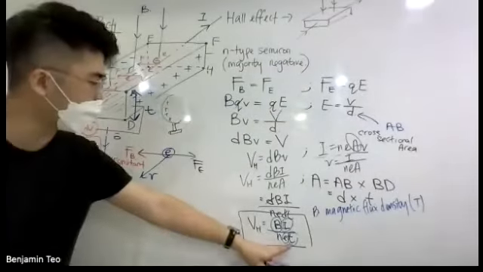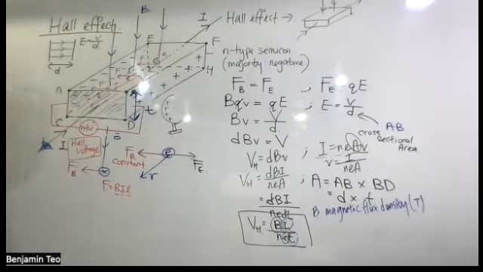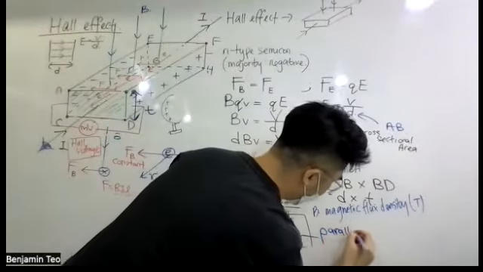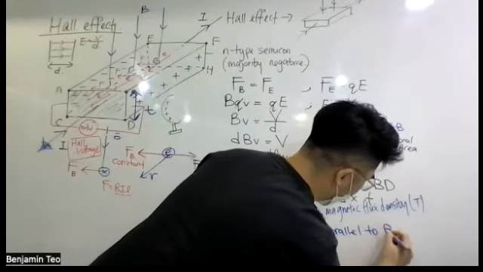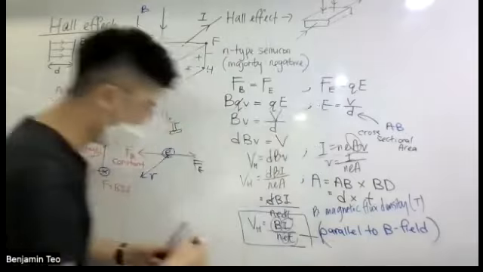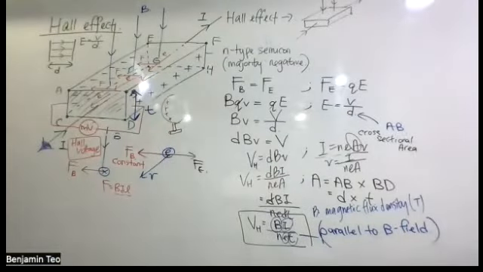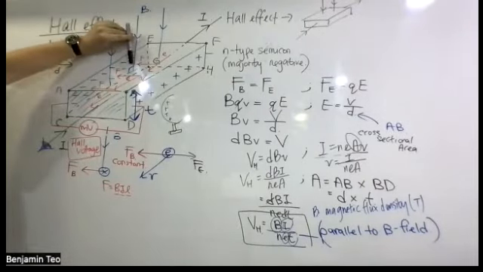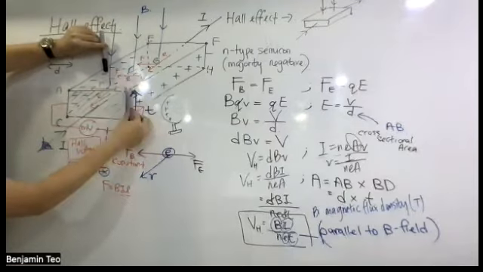Now, I want you to remember it this way. The t is always parallel to the B field. What is the B field? The B field is the magnetic field. You look at where the magnetic field is coming from. Magnetic field is coming like this, straight down. Where is the thickness? The thickness is parallel to the magnetic field.